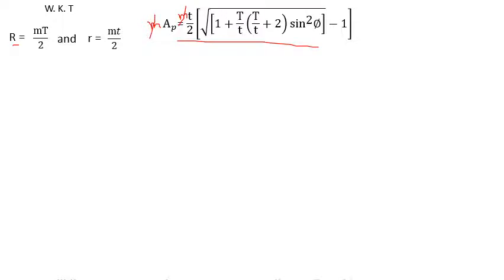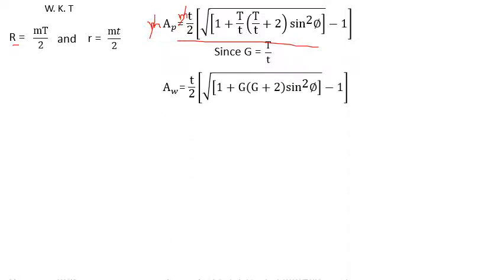Therefore these are the remaining terms. And we know that gear ratio is equal to number of teeth on wheel to number of teeth on pinion. So here we have T by t, substitute G. Therefore above equation becomes: small t by 2 into root of 1 plus G into (G plus 2) into sine square phi, minus 1.